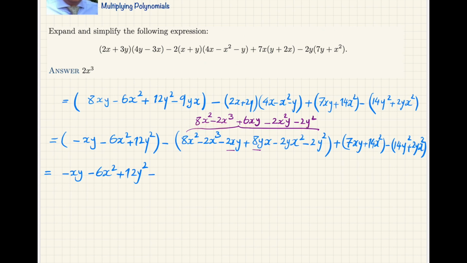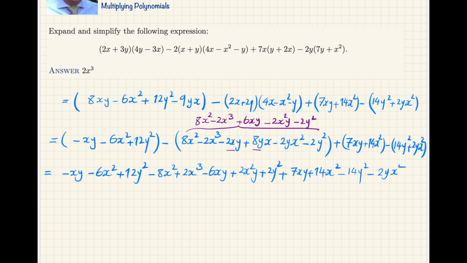So this becomes minus 8x squared plus 2x cubed minus 6xy plus 2x squared y plus 2y squared. And then the next one, I don't need to be careful, I just remove the pair of brackets. And for the next one, I have to be careful again. This minus sign is not only for the first one, but for both of them. So both of them become negative. So minus 14y squared minus 2yx squared.